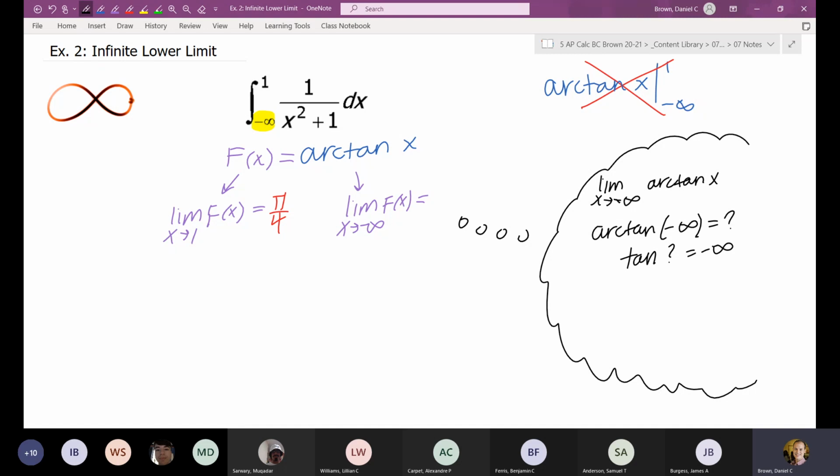And you're like, well, how am I going to figure that out? I know the unit circle, but clearly there's not a negative infinity on the unit circle. But if I think about arctangent, arctangent is in the first or the fourth quadrant, and it is bounded between negative pi over 2 and pi over 2. So when I'm thinking about arctangent and tangent, how I'm thinking about this in my head is I know tangent is opposite over adjacent.